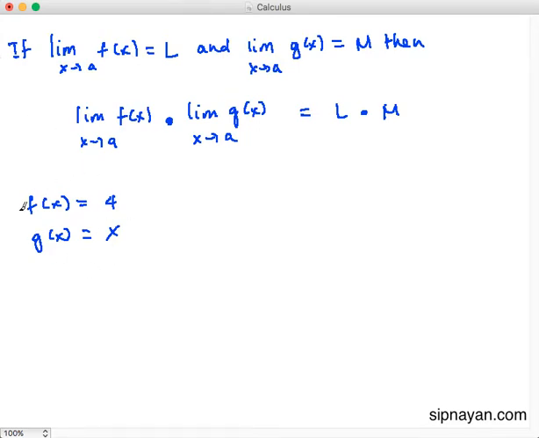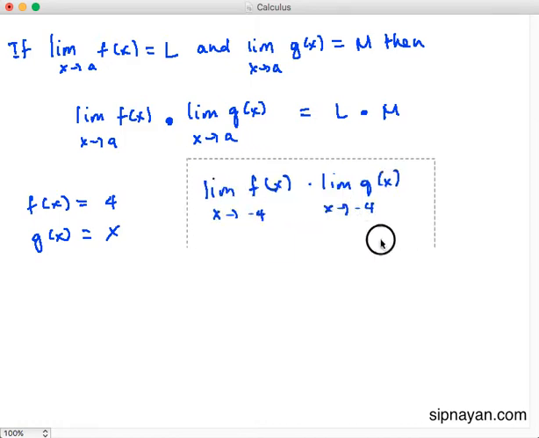So here we have two functions. We have f of x equals 4 and g of x equals x. No? So paano naman yun yung gagawin natin if limit of f of x as x approaches, we choose an x, for example, choose an x which is equal to negative 4, for example. So times the limit of g of x as x approaches negative 4.